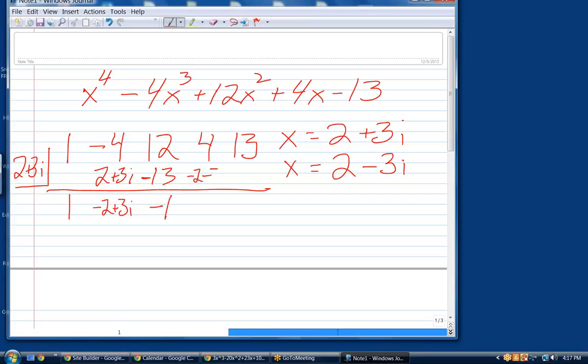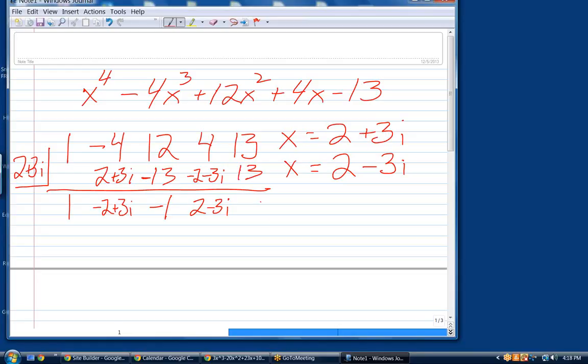Then negative 2 minus 3i. Okay. We have 2 minus 3i. Then it's 4 minus, or plus 9, so 13. What happened?